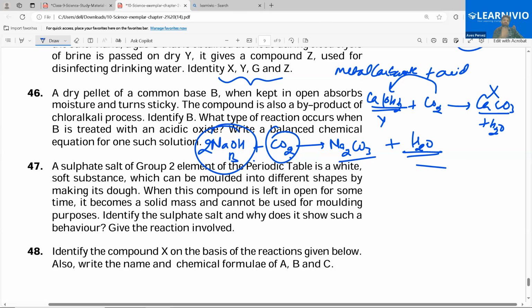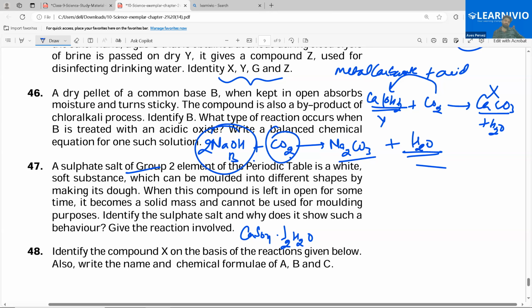It's saying a sulfate salt. Among the salts we have, baking soda, washing soda, different salts, the only sulfate salt is calcium sulfate. It is a white substance used in making shapes, so you know it is POP. When left in open air, it converts into a solid mass. Why does it show such behavior?